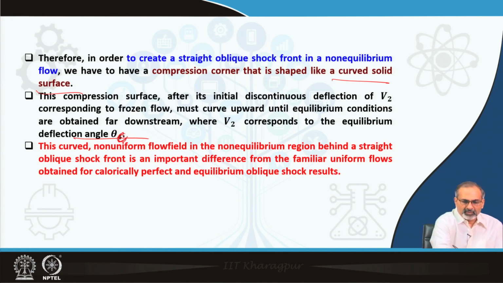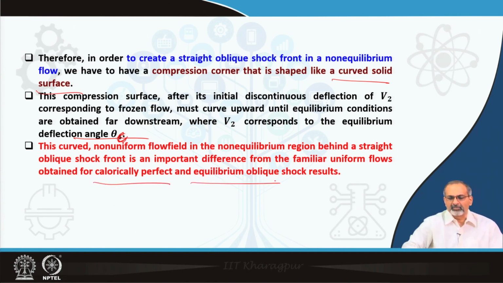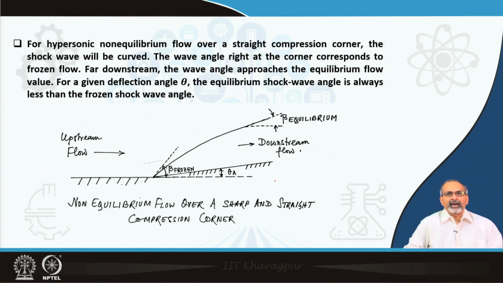and the curved non-uniform flow field in the non-equilibrium region behind a straight oblique shock front is an important difference from the familiar uniform flows that we have seen for calorically perfect and equilibrium oblique shock results. And for hypersonic non-equilibrium flow over a straight compression corner, the shock wave will be curved. The wave angle right at the corner corresponds to the frozen flow.